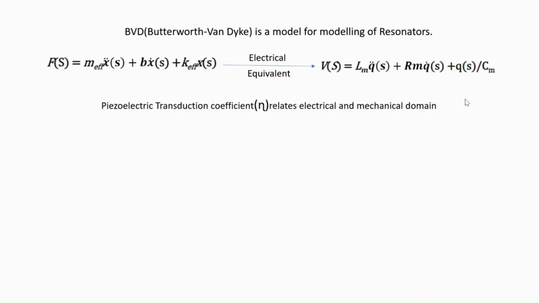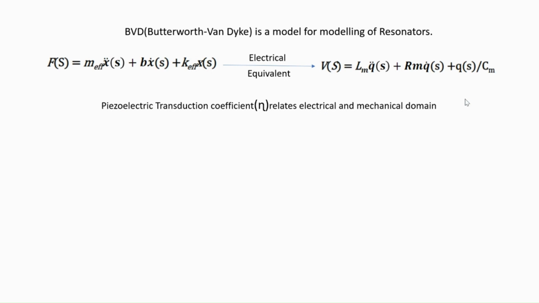There is one very important thing called the piezoelectric transition coefficient. This coefficient relates the electrical and the mechanical domain. In an electrical domain we only have resistors, inductors, capacitors, those things.